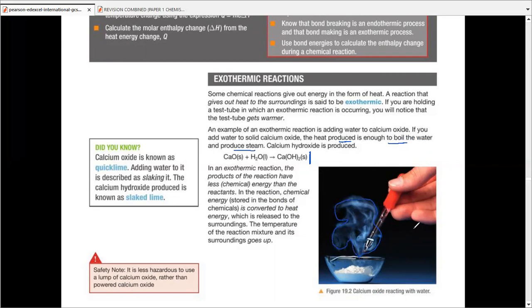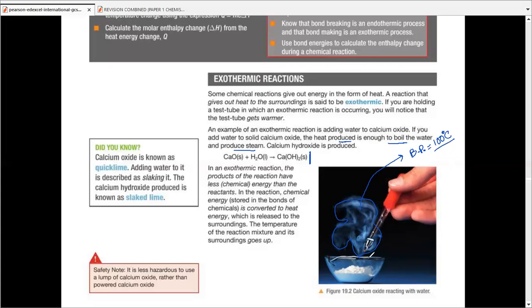Although you're adding liquid water, that liquid water is being converted into steam right away, which means this is giving out heat above the boiling point of water, which for pure water is 100 degrees centigrade. So it's producing enough heat to boil all of the water that we are putting in it.